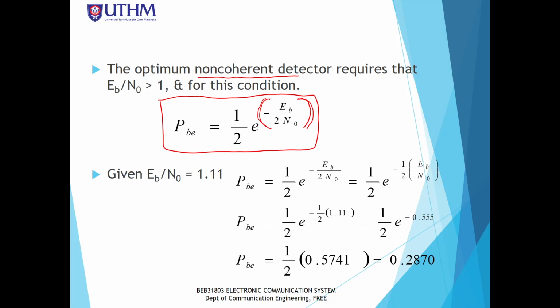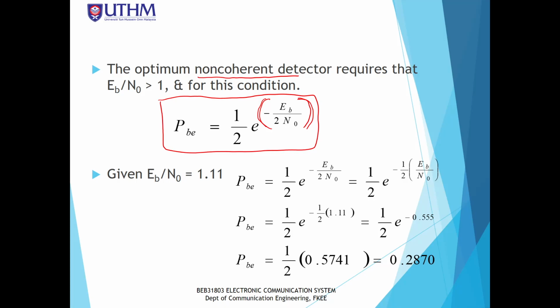So e here you can find from your calculator. From my calculator, I can get e by pressing Shift Ln. My calculator is a Casio FX570MS.